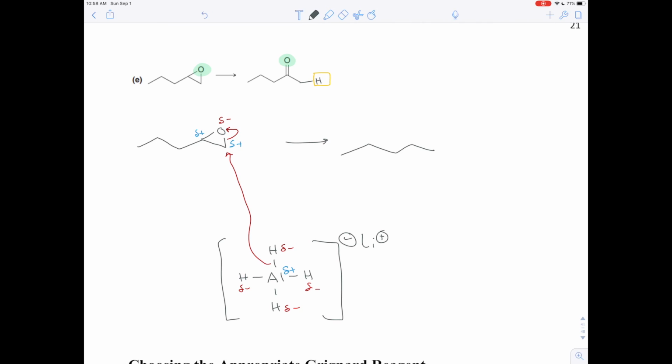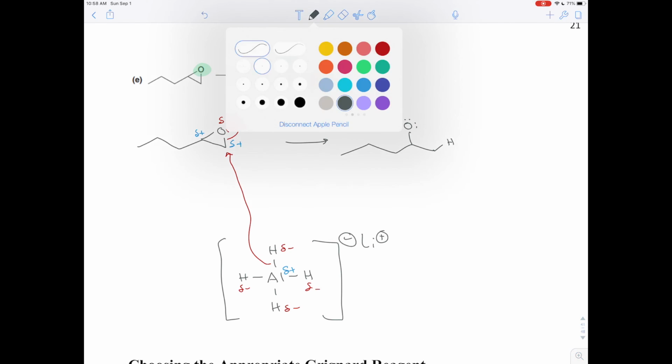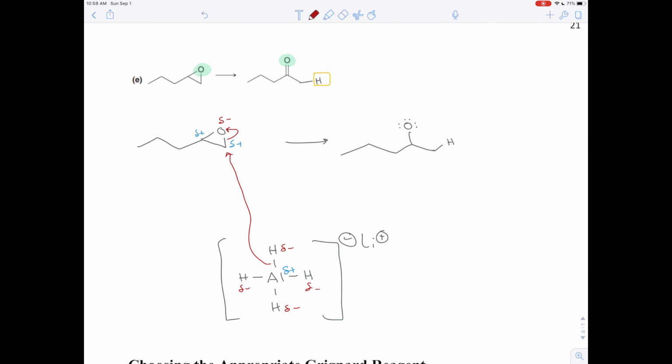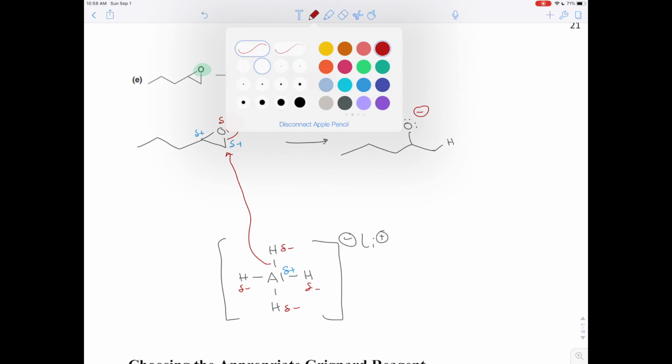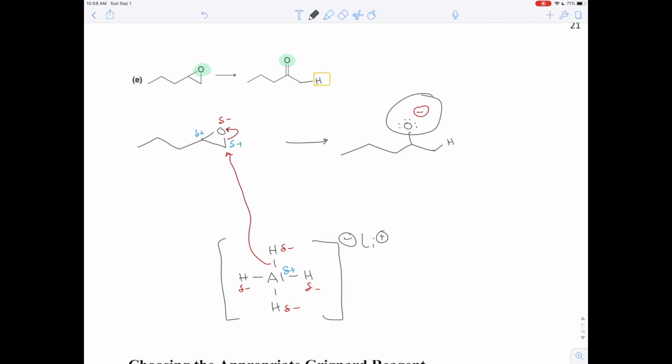So that would give us this, which is very close to the product we want. There are 2 things here. First, this has a negative charge, so let's get rid of that. And we've seen how we can do that by adding water.